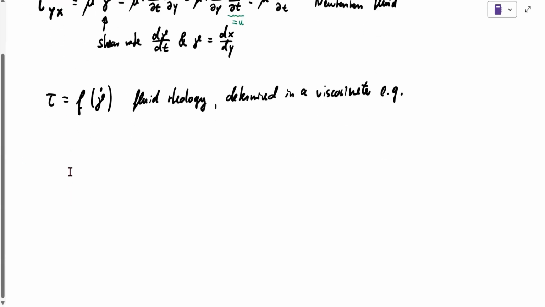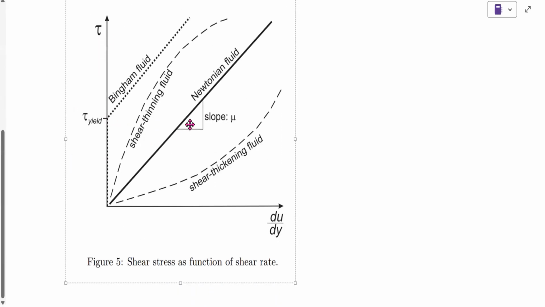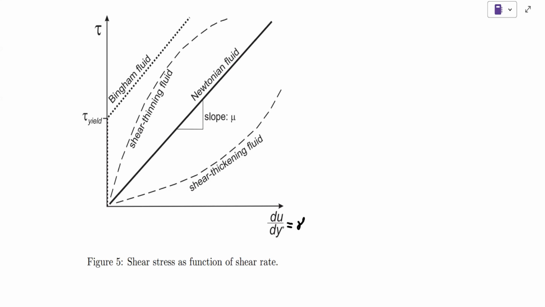And then we can get, depending on the fluids, of course, something like that. So we see here the shear stress tau plotted against the shear rate. So du/dy is, of course, nothing else but the shear rate.